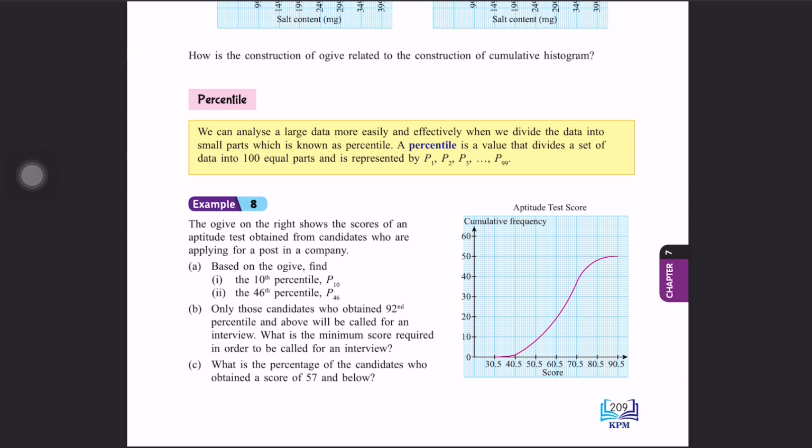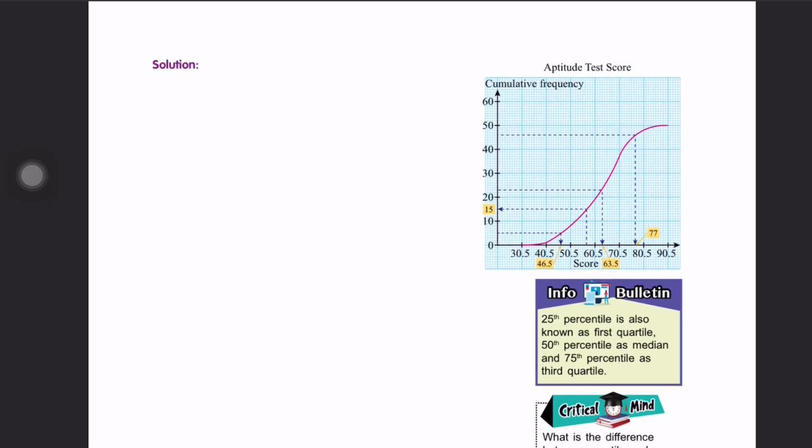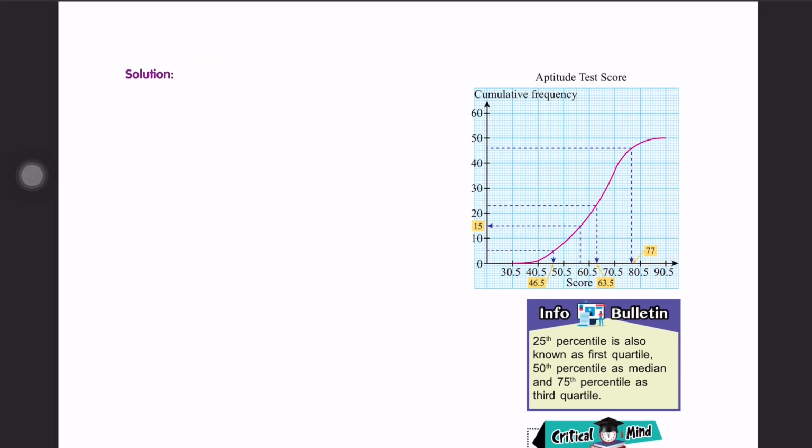Okay, so kita cuba jawab example 8. Kita cuba jawab sama-sama. Okay, based on the ogive, find the tenth percentile P10 and 46th percentile P46. Okay, so kita kira dulu. P10 ni sama je.